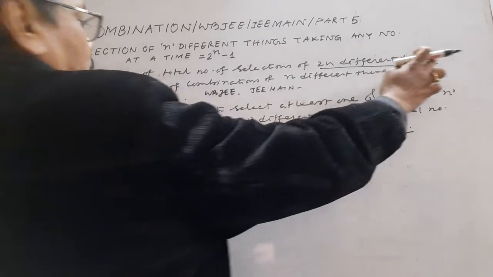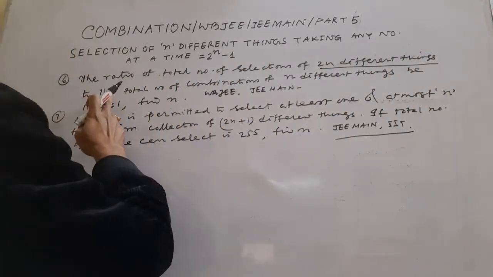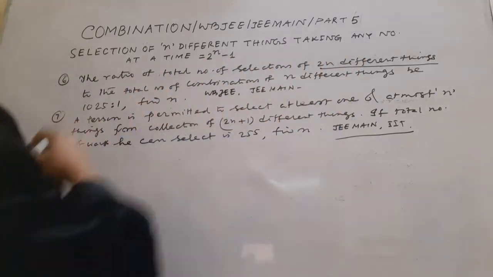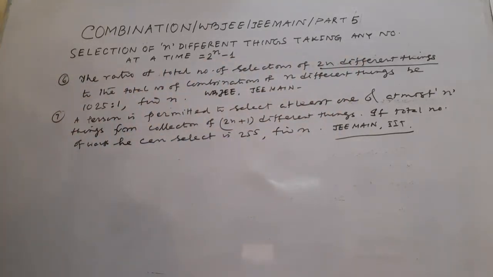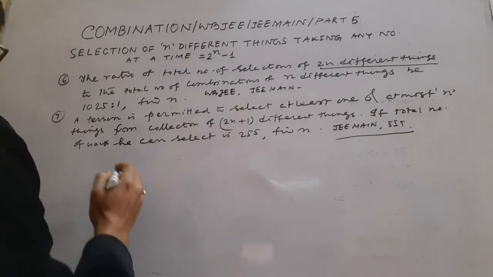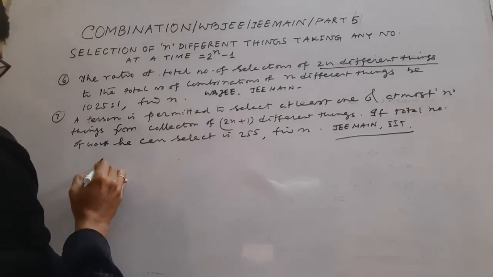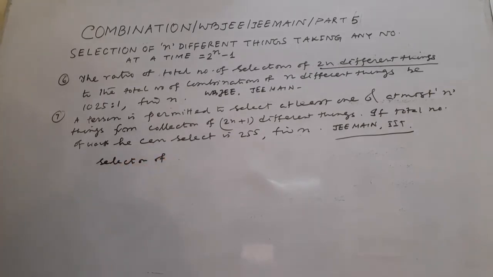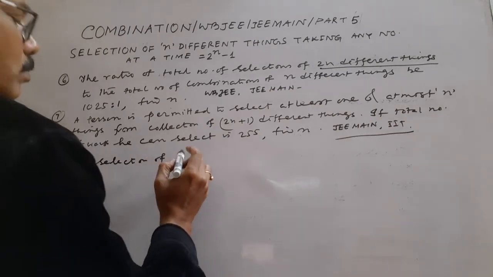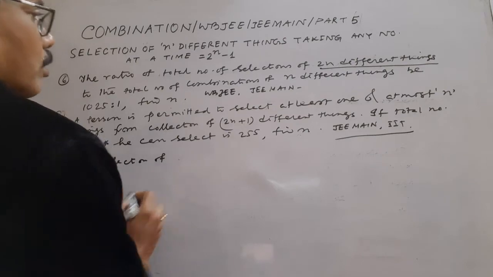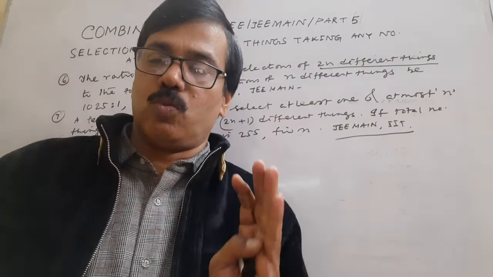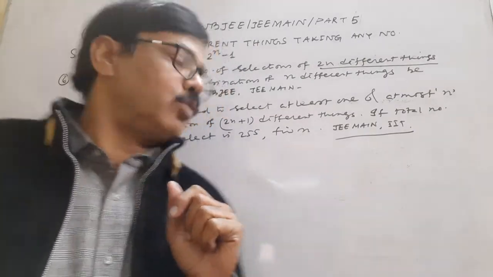Selection of 2n different things: we can select out of 2n things 1 or 2 or 3 or maximum 2n.